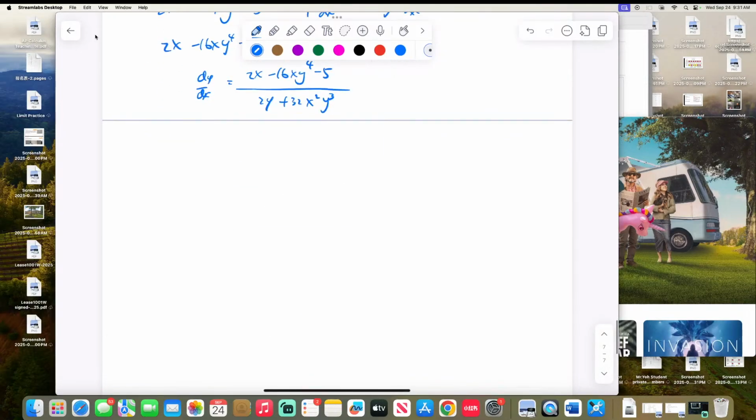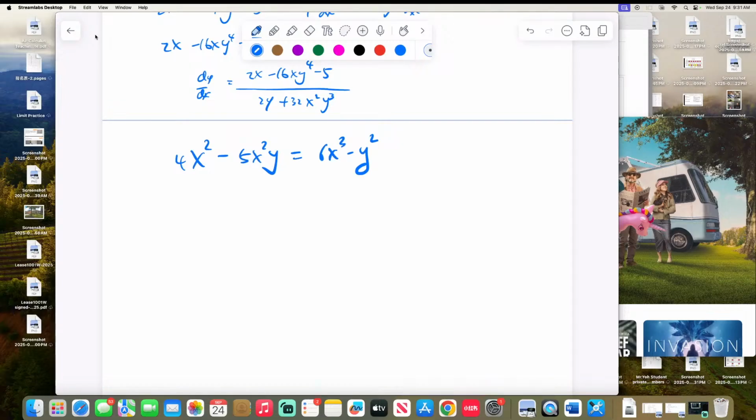So I'm going to ask you to try one. Okay, so I want you to take a derivative of this. Actually, hold on, let me change this to the 3rd power. 6x to the 3rd power.